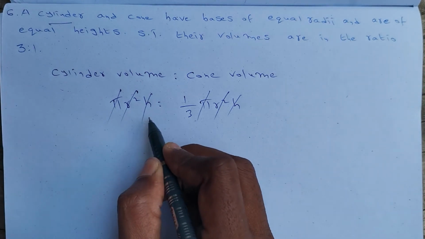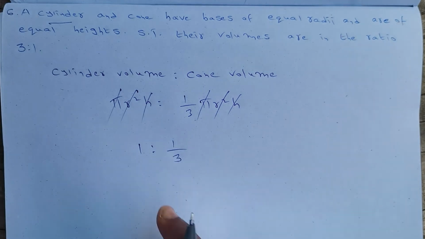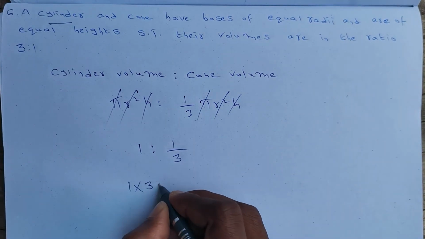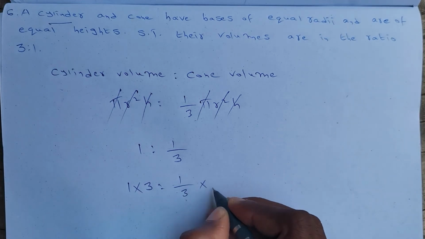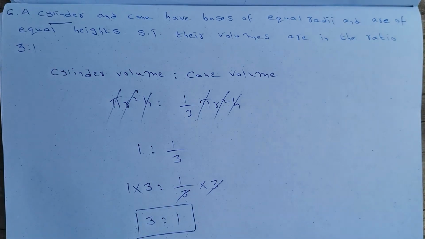So on the left side it is 1, which means 1 is to 1 by 3. Two ratios I will multiply with 3. So 1 into 3 is to 1 by 3 into 3. Here 3 will get cancelled, so we remain with 3 is to 1. So the ratio of the volumes of cylinder and cone is 3:1.